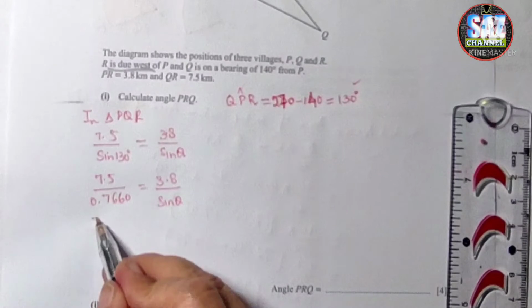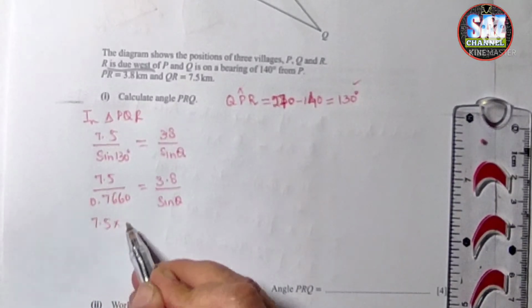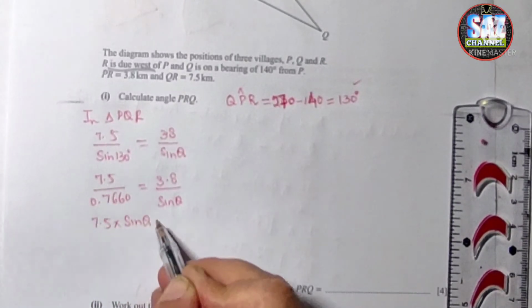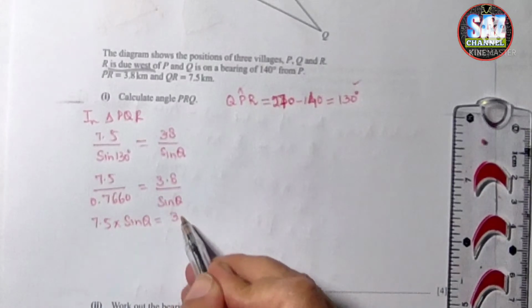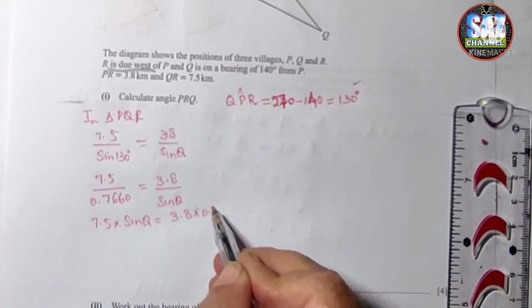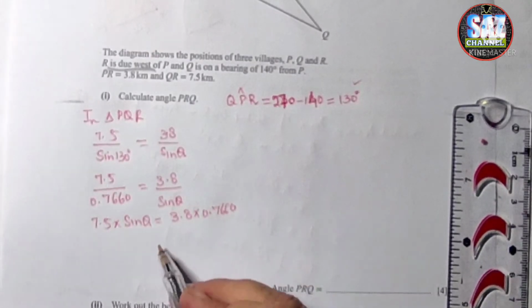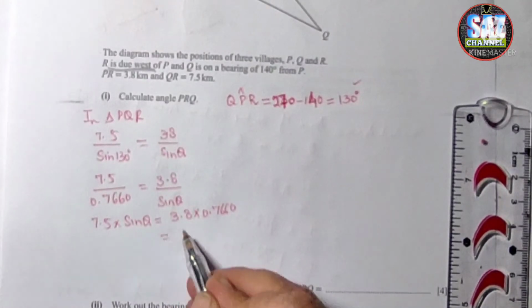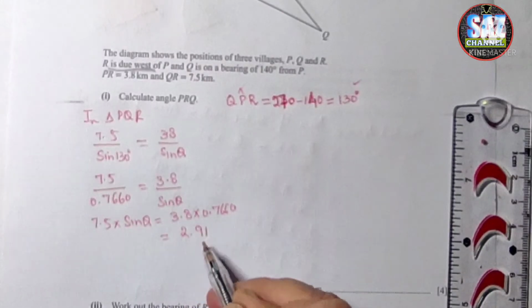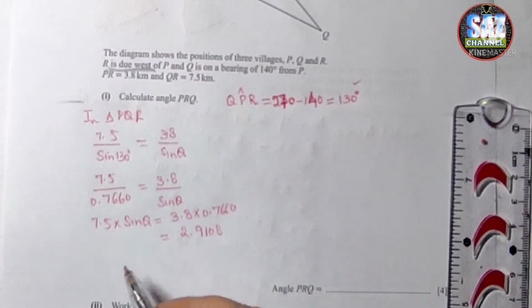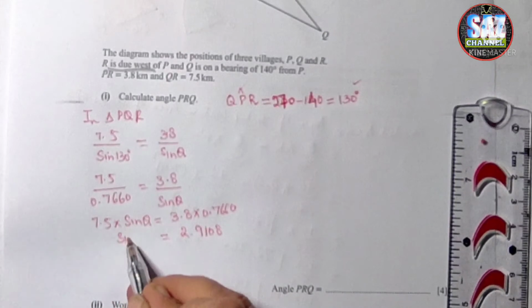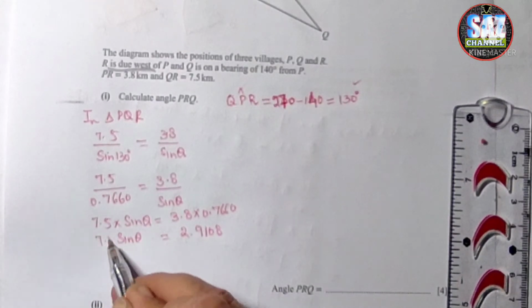Okay, now 7.5 multiplied by sine Q equals 3.8 multiplied by 0.7660. Okay, 3.8 multiplied by 0.7660 gives me 2.9108, and sine Q times 7.5.